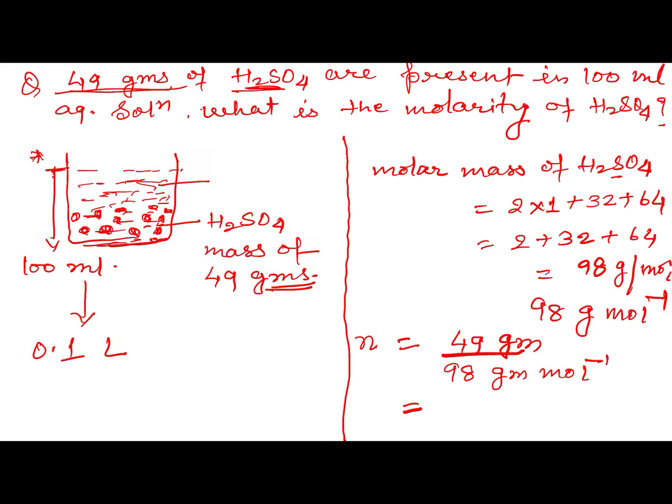Then calculate, it is 0.5 mole. Now molarity is equal to n by V, n that is 0.5 mole divided by 0.1 liter.